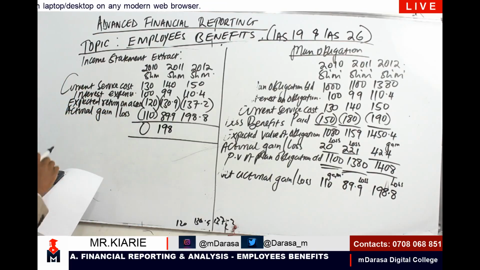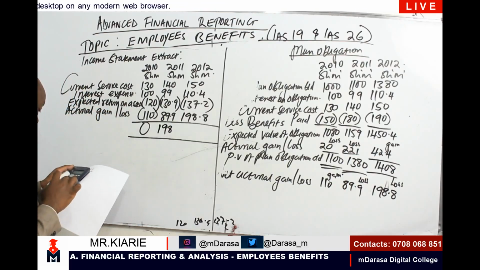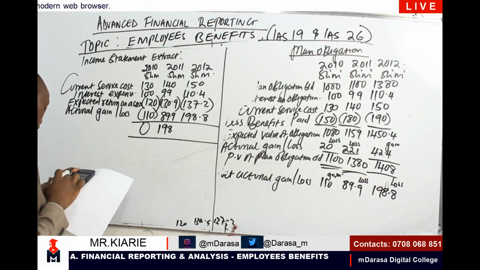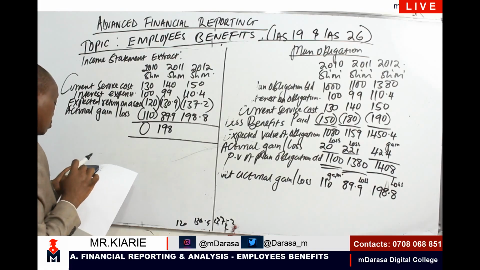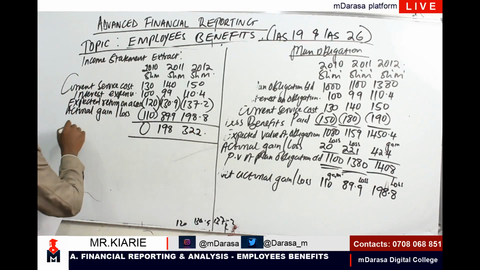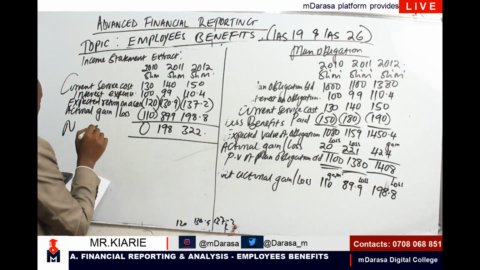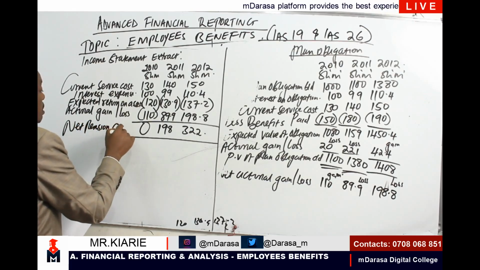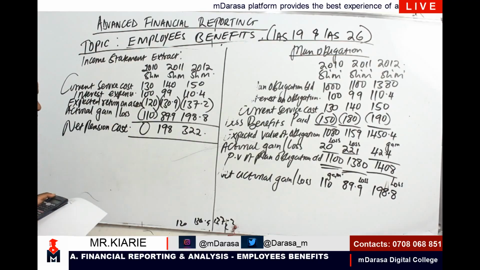And then in 2012, 150 plus 110.4 minus 137.2 plus 188.8, it gives me 322. And this is our net pension cost.